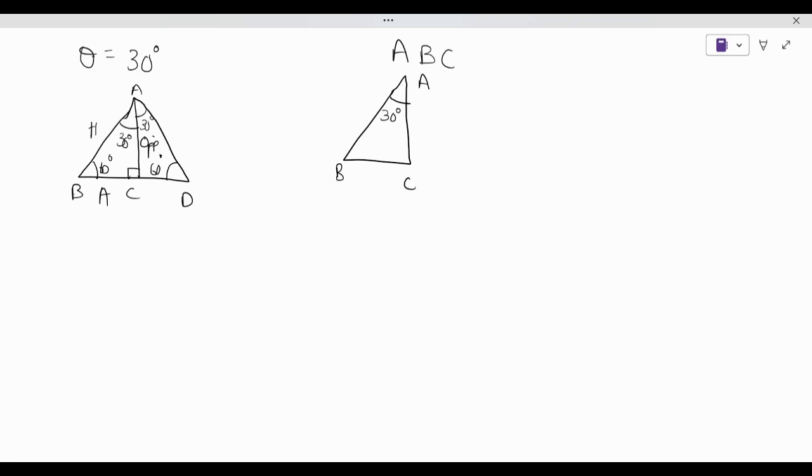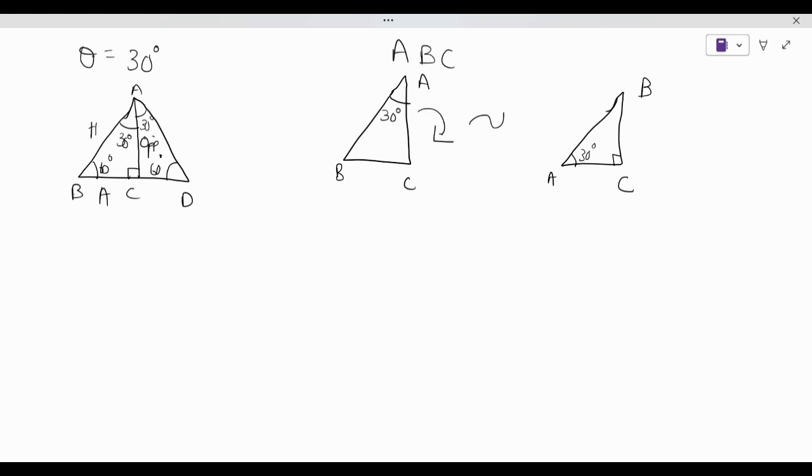So I'm going to invert this triangle. So this is 30 degrees, this is A, this is 90 degrees, so this is C, and this will be B, right? I have inverted the triangle. Inverted means shifting it. Fine.